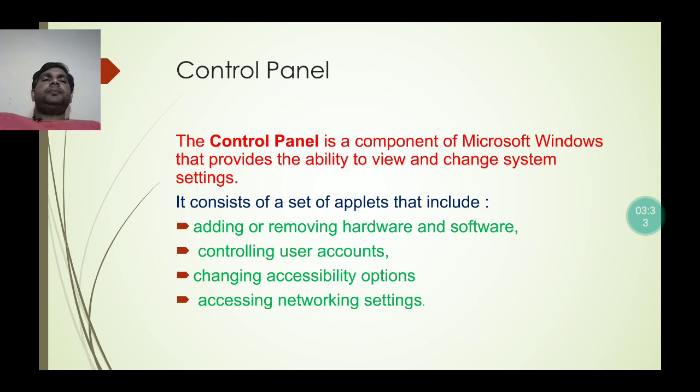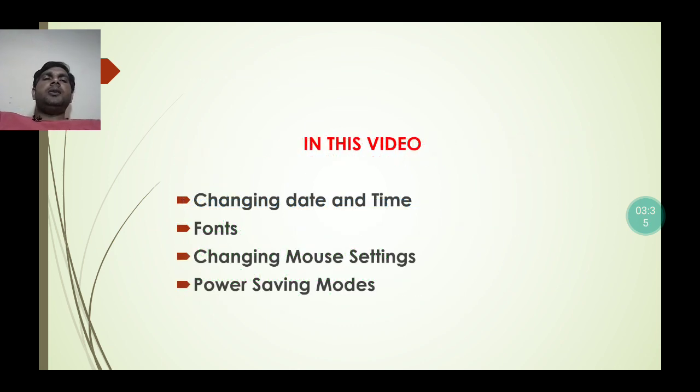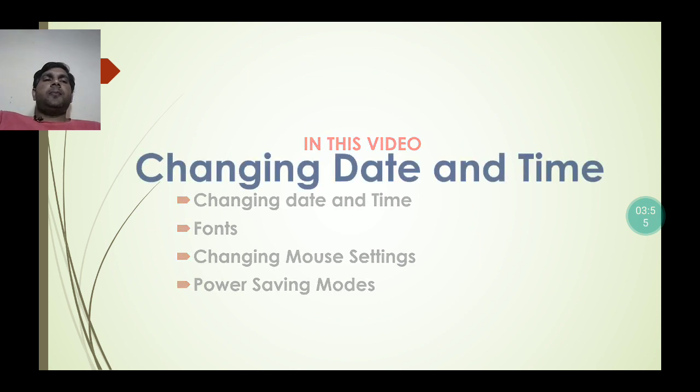For example, we will learn how to change the date and time of our system, how to install fonts in our system, how to change our mouse settings, and we will learn about power saving modes. So let's look at them one by one in detail.